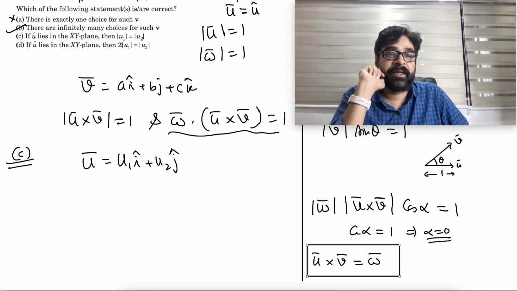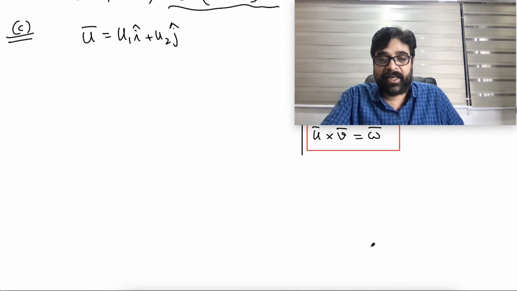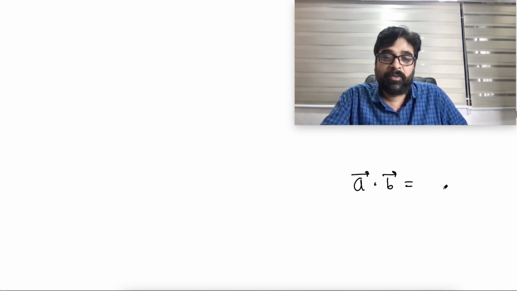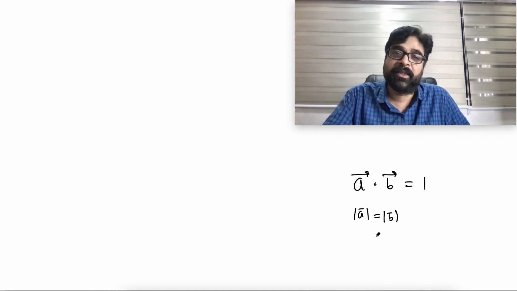This is a very important point. Just for time being, I am going slightly off topic. Suppose I say A dot B equals 1 and mod A equals mod B, so what is the relation between A and B?